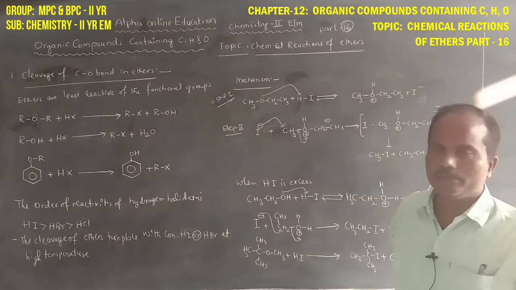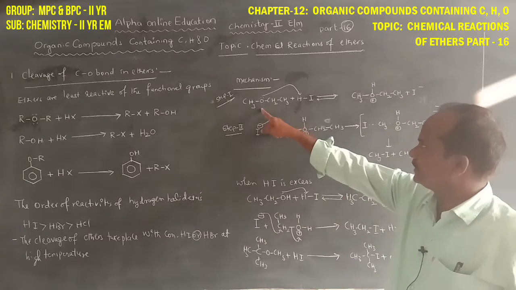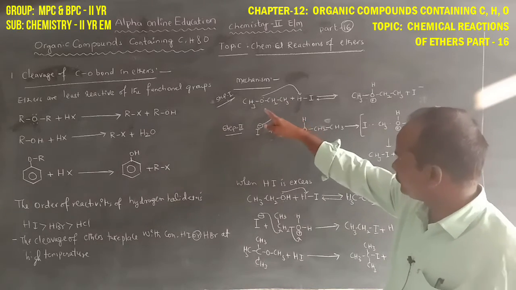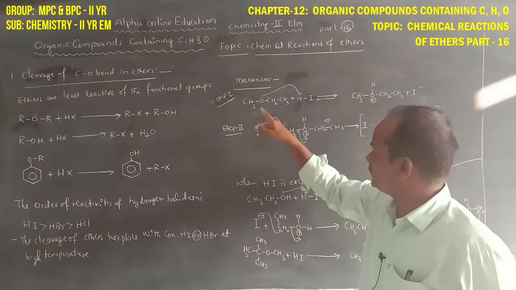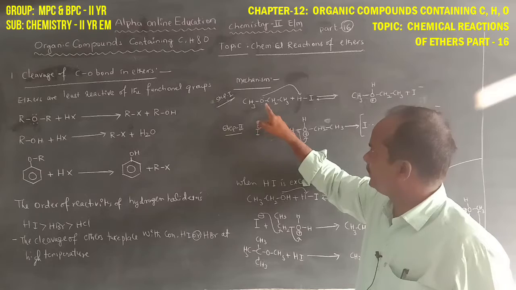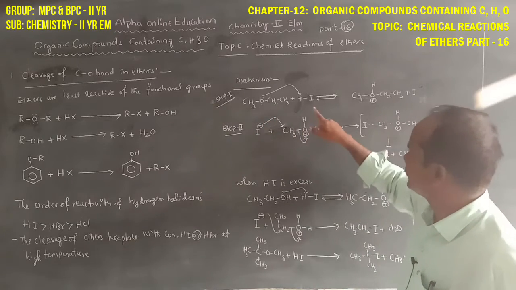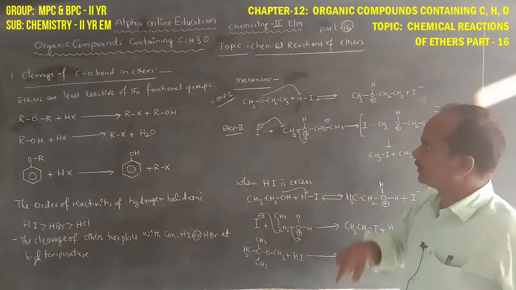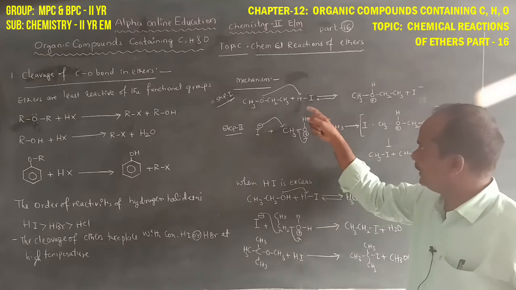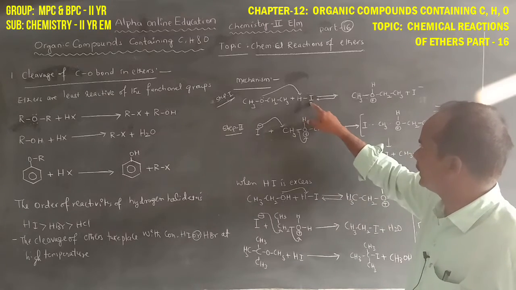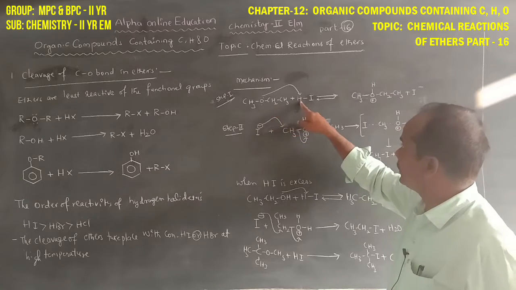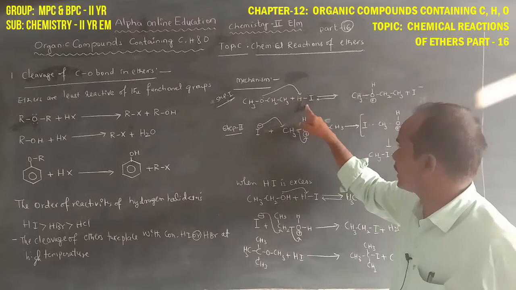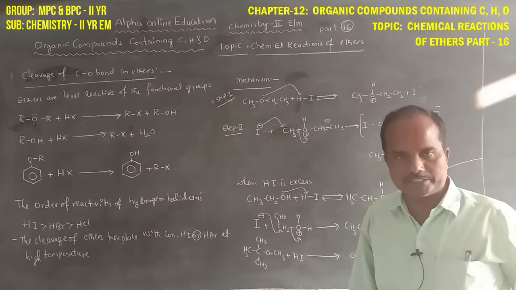Let's see the mechanism. This is ethyl methyl ether, or methoxyethane. When it is treated with a hydrogen halide, here we are taking hydrogen iodide. First of all, the ether oxygen is protonated because hydrogen iodide is more acidic.